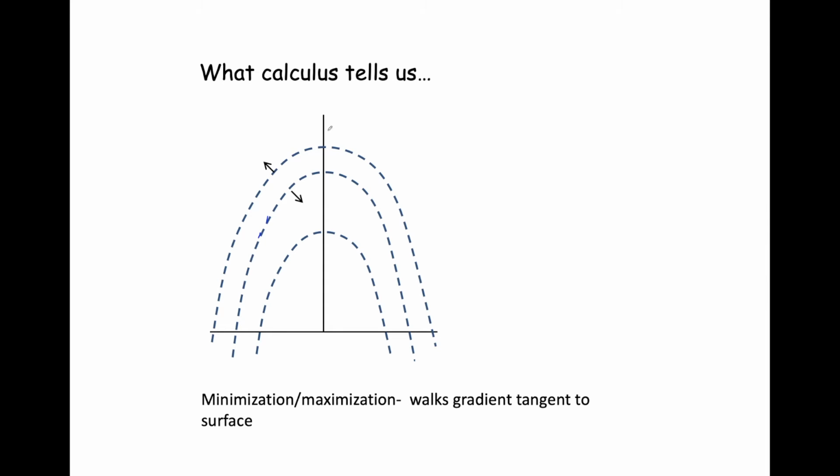Now for the unconstrained solution, this gradient is 0. We get the turning point for our function. If our constraint is at most z, well, we get a different gradient. And so we're always going to walk a gradient that's tangent to the surface of the function. Now, of course, for the unconstrained solution, this gradient is at the top of this function where it's equal to 0.